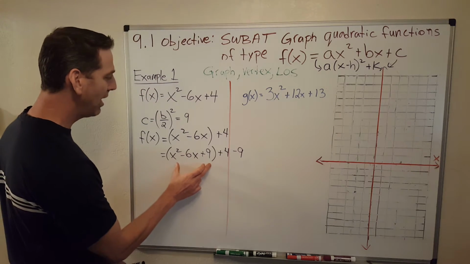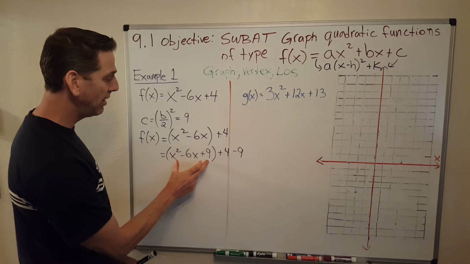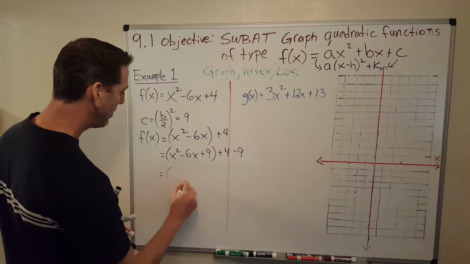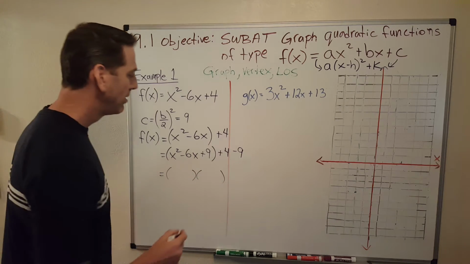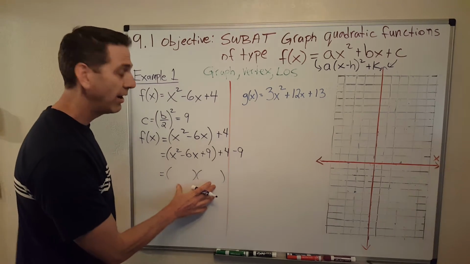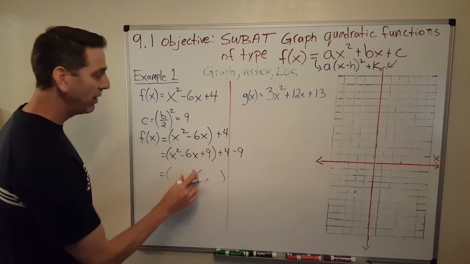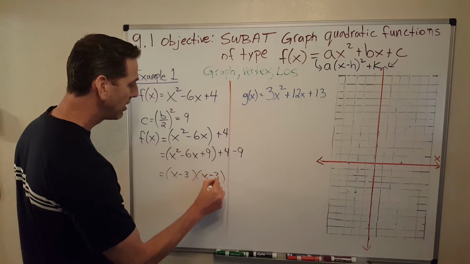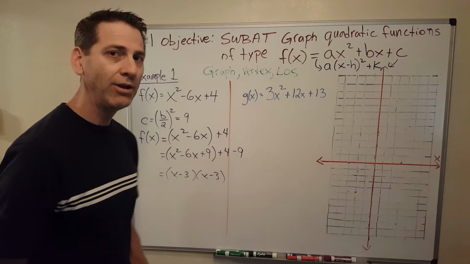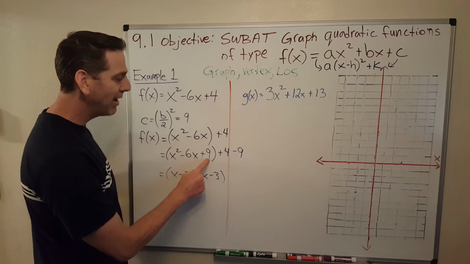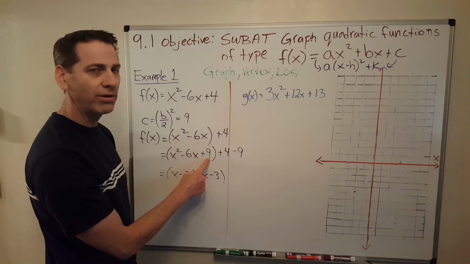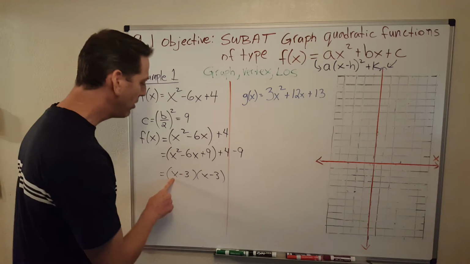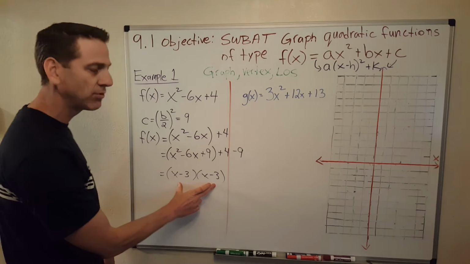Let's go ahead and factor this trinomial. If we use our AC method, you can check that out in a different video, when I factor this, it's going to end up being x minus 3 times x minus 3. I know that because the square root of 9 is 3, and the square root of x squared is just x.